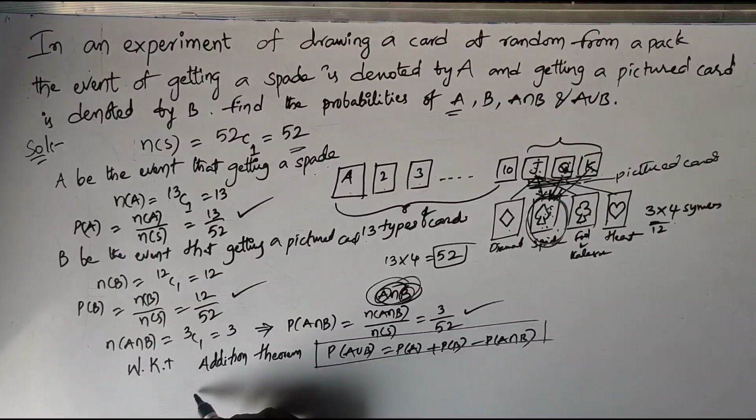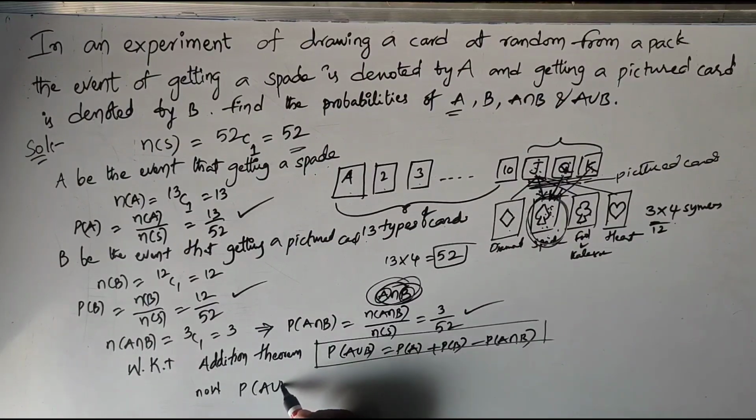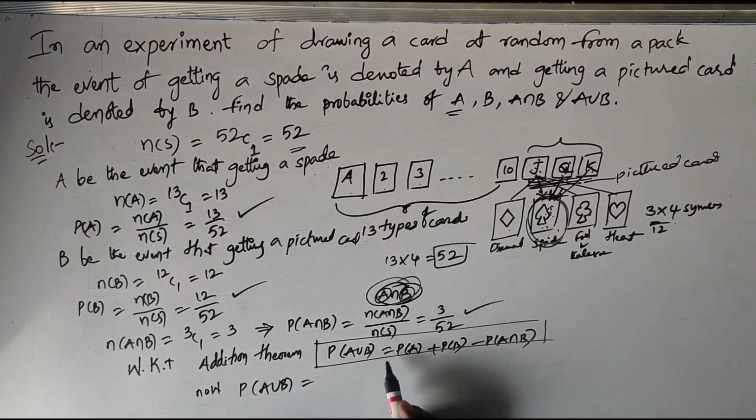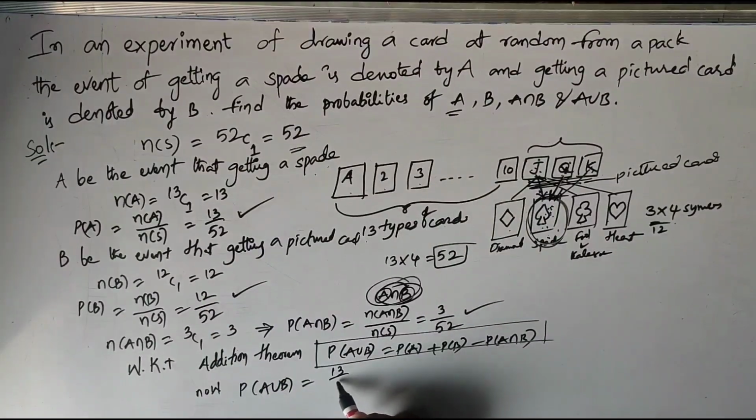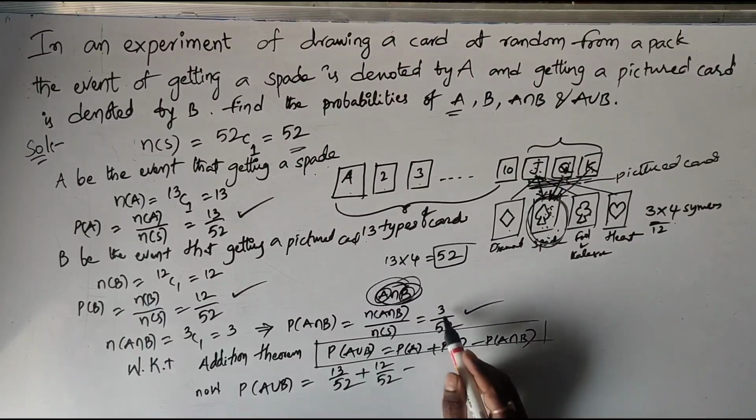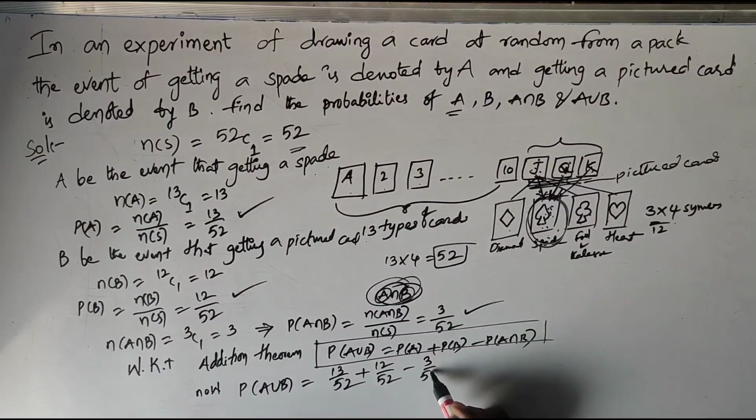Now we find P of A union B. P of A, what is P of A? We got 13 by 52, plus P of B. What is P of B? 12 by 52, minus P of A intersection B, 3 by 52.